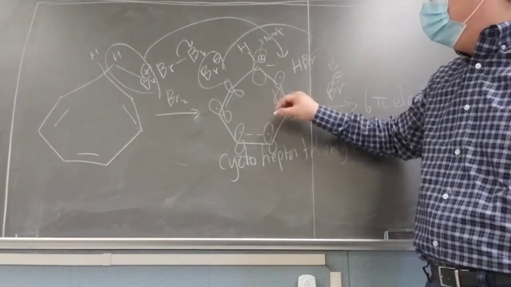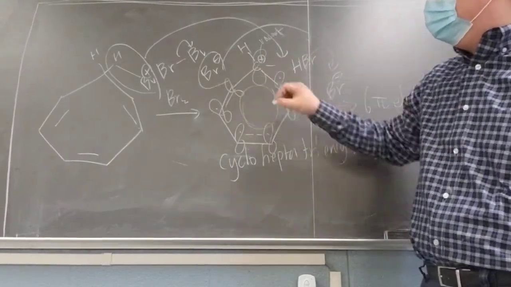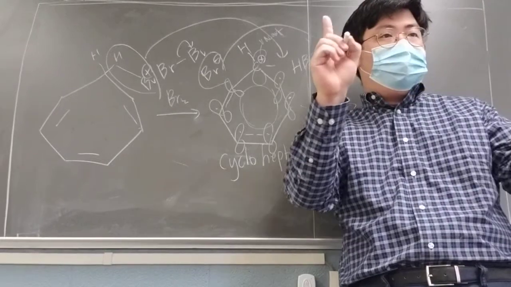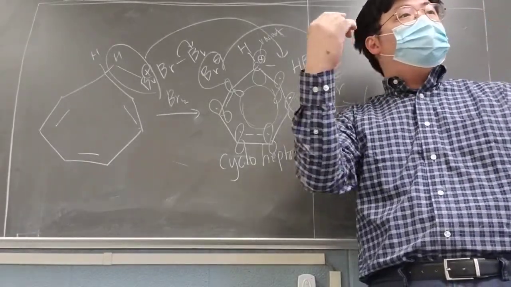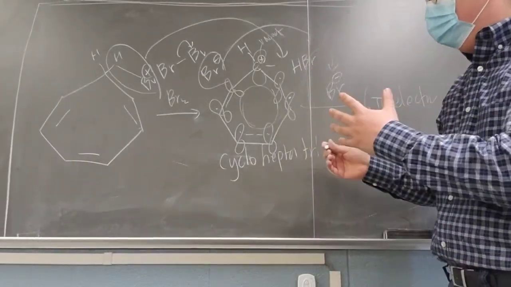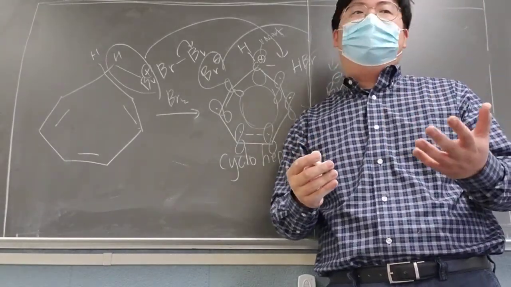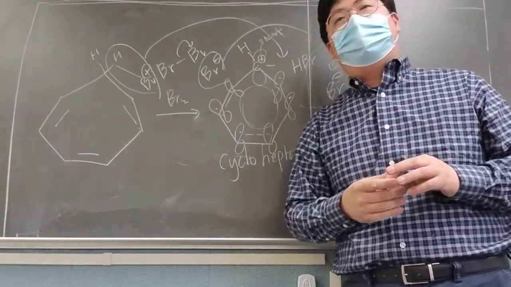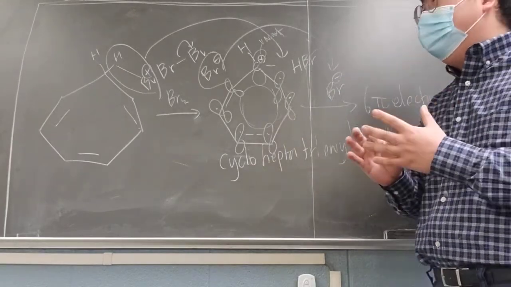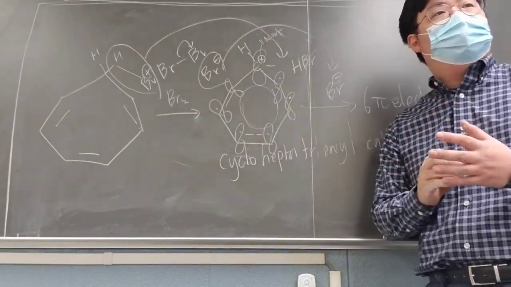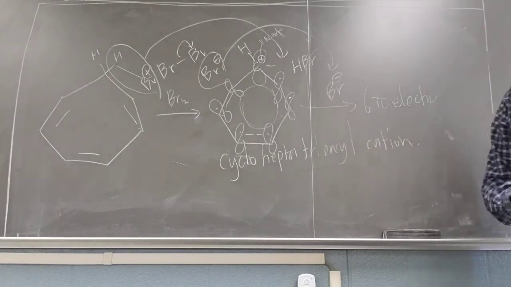So the pi electrons will also be delocalized, and they show very good aromaticity. That's why these 2 ions become very stable, like in the benzene ring, because they also satisfy Hückel's rule, which is 4n plus 2.